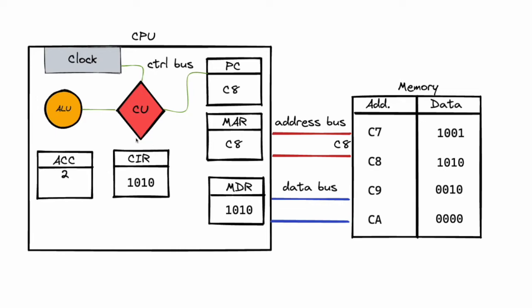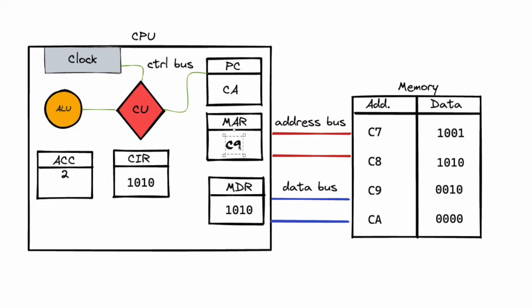Okay, now we go back. Now our program counter actually should have incremented, and we do the cycle again. Okay, copy C9 over to the MAR. This time I'll remember to increment the program counter in the right place.